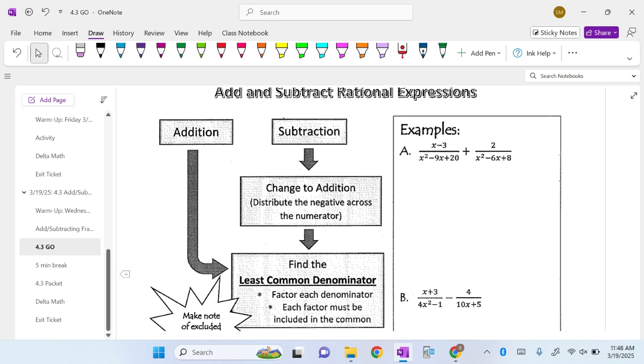So let's do 4 over a squared minus 1 over 3ab.